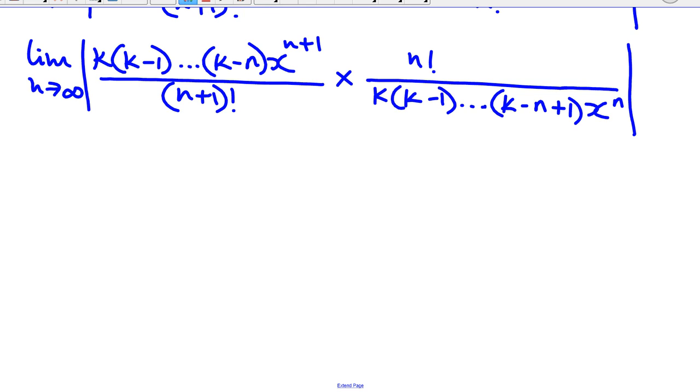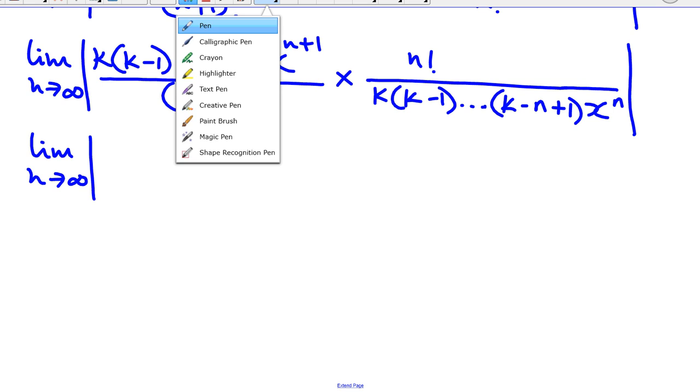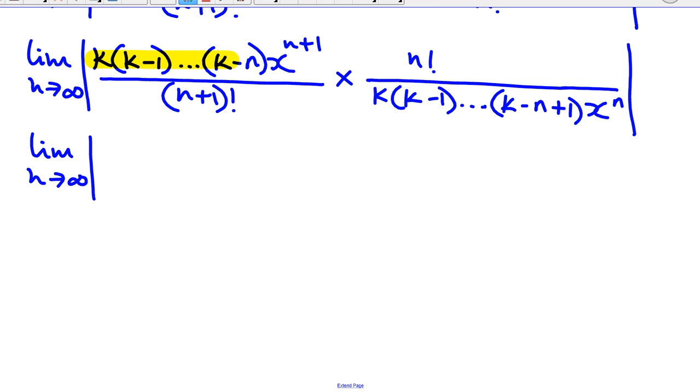So this will be equal to the limit as n approaches infinity of, now I'm going to break up these things. This and that, I'll find a way of putting them together. This bit and that bit, and this bit and that bit, I'm going to find a way of putting them together.